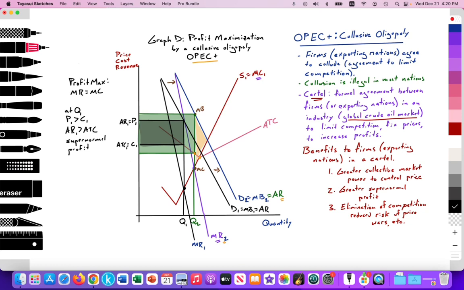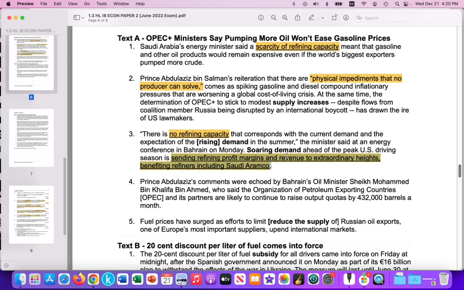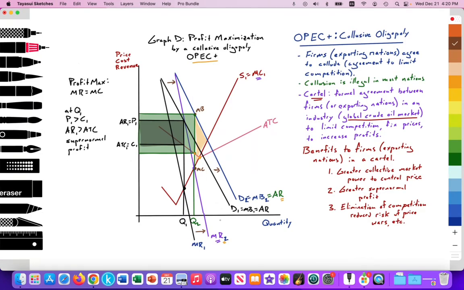And then when the demand curve shifts out from D1 to D2 and marginal revenue shifts out from MR1 to MR2, due to that rising demand, as the article states, we're looking at soaring demand ahead of the peak U.S. driving season. It's going to increase profits and revenue. So the demand is increasing, marginal revenue is increasing as well.